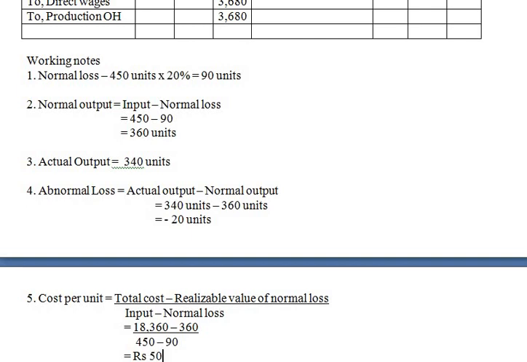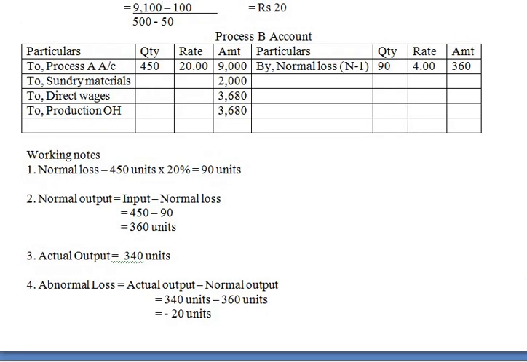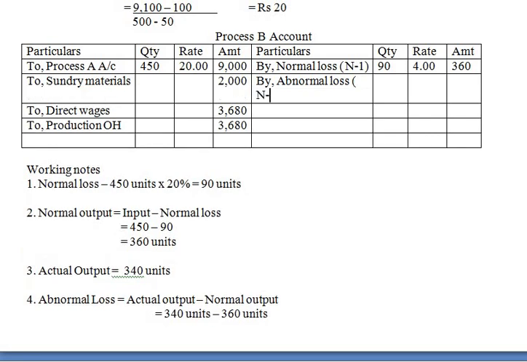Now abnormal loss or gain will be valued at cost per unit. If there is abnormal loss, we are going to take it on the credit side of process account. That is by abnormal loss, in bracket note number 4.